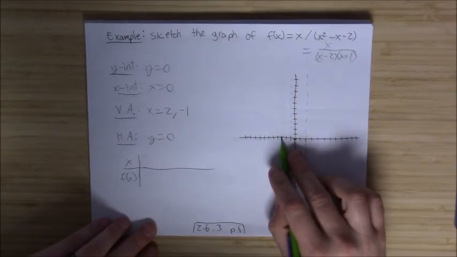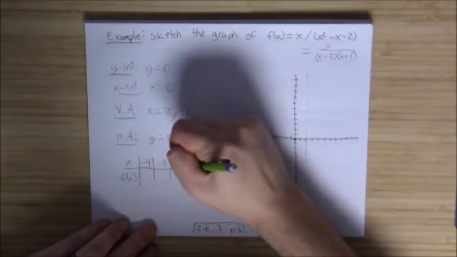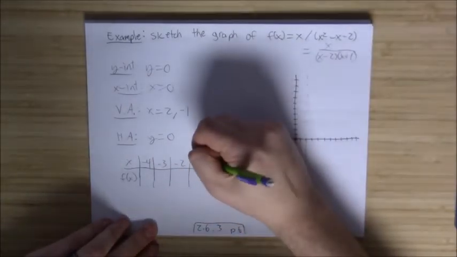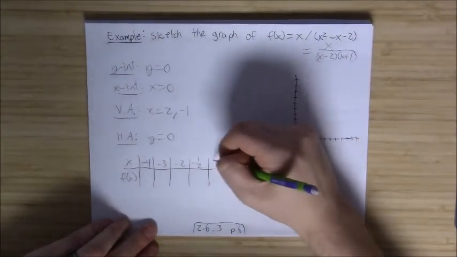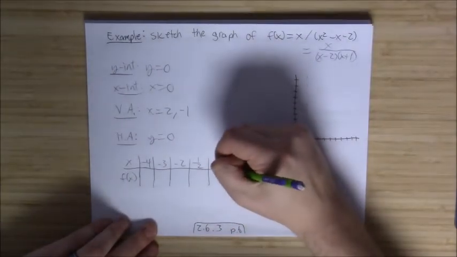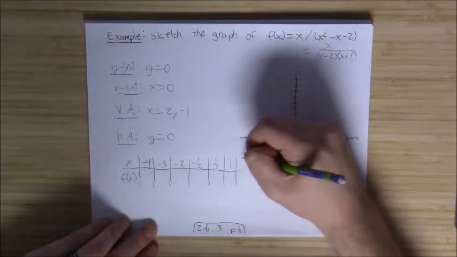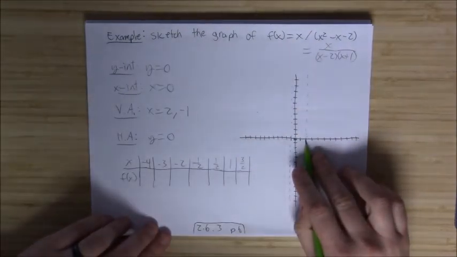Let's do -4, -3, -2, -1, and let's look at -1/2, because I'm interested to see what happens in between here. Then 1/2, 1, and 3/2.